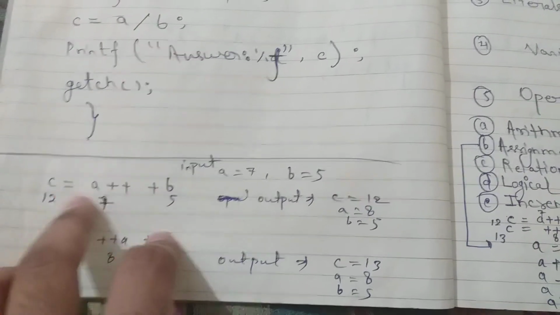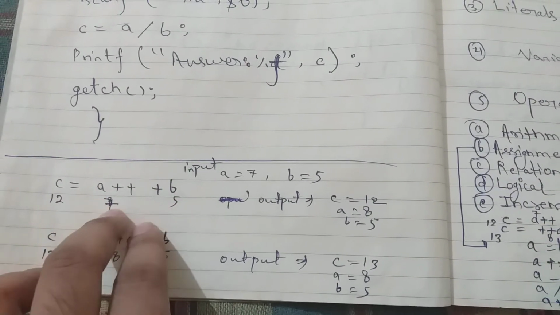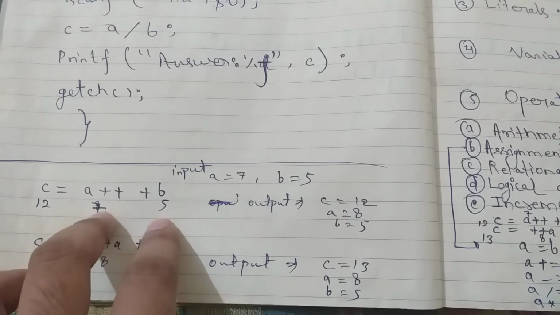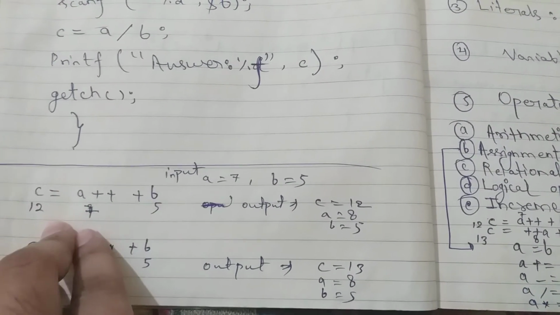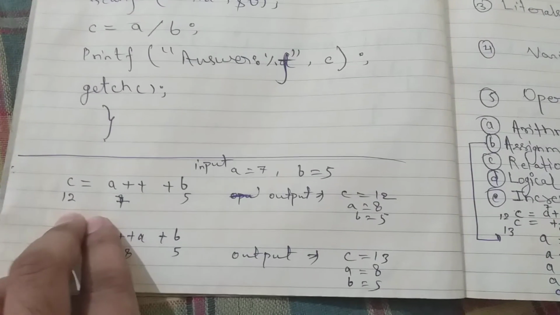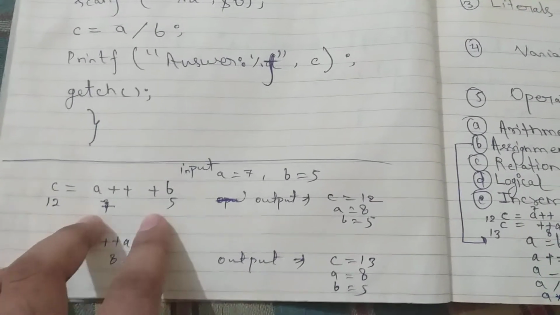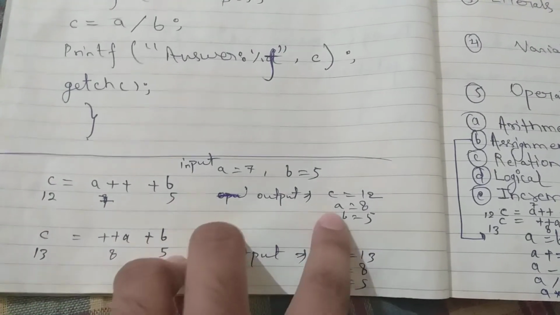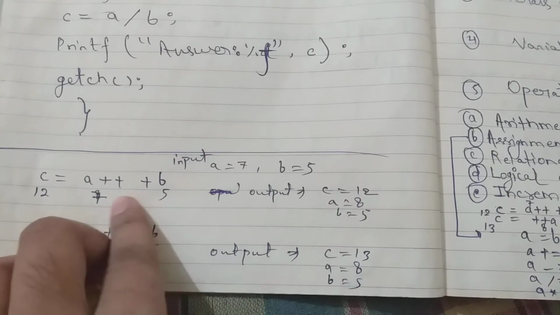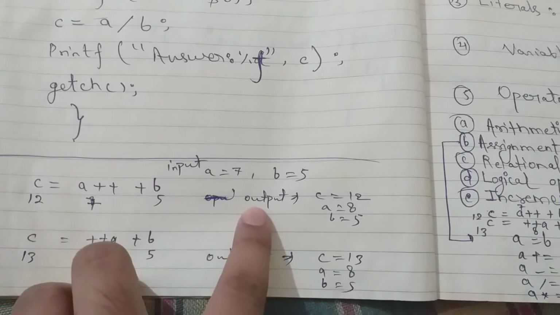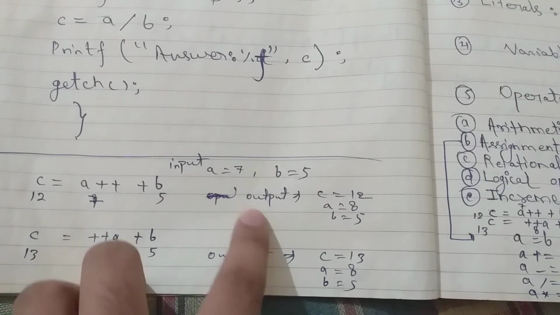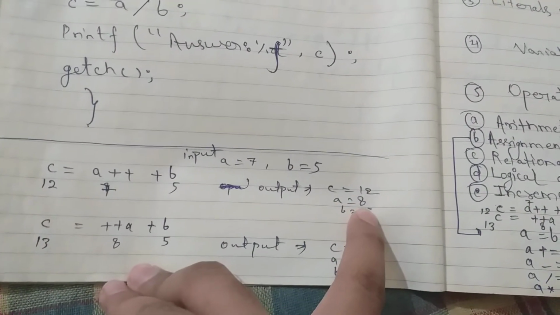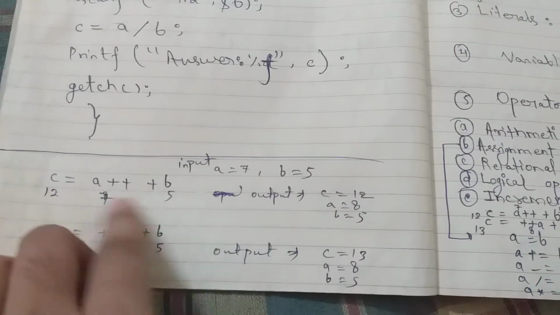So in this expression first the value of a is taken as 7 and b as 5, and their addition will be 12, so the value stored in c will be 12. After that, if we print the value of a, we will get 8, because after assignment the value is incremented by 1. a is equal to a plus 1, that's why we get the value of a as 8 after this expression.